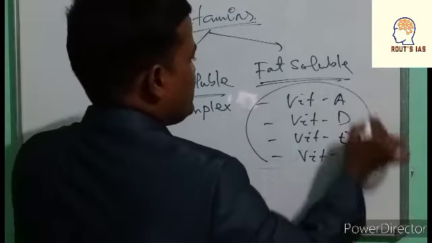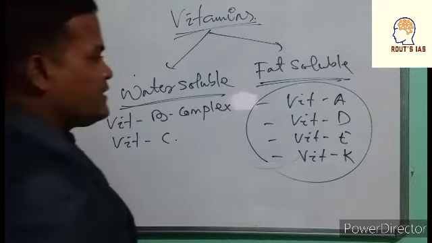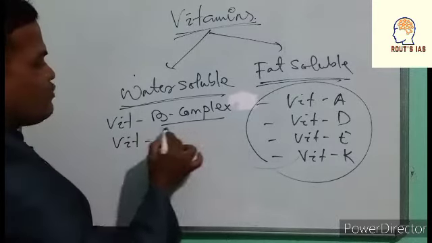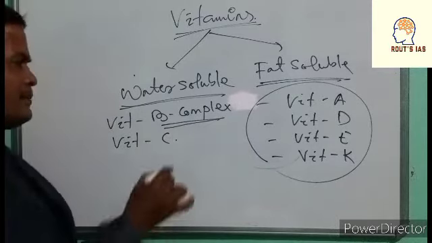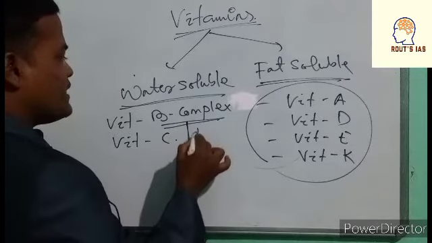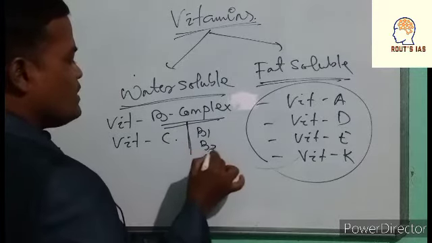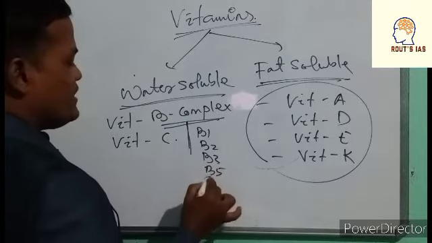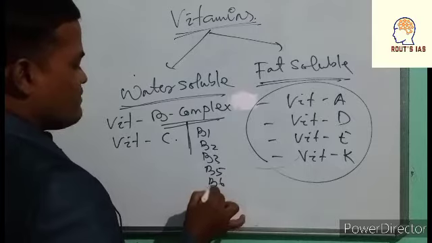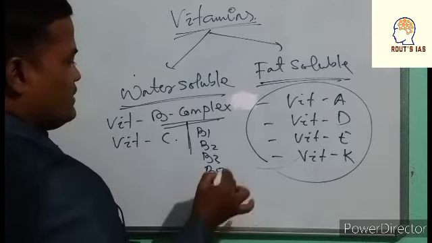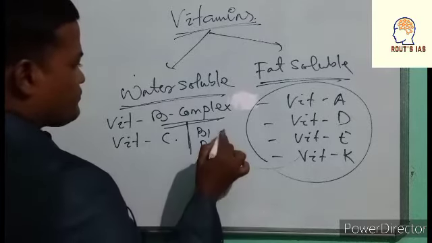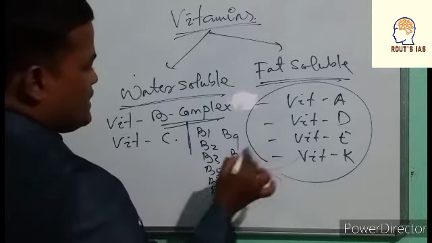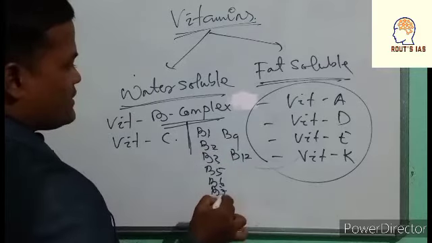So generally A, D, E, K are called fat soluble vitamins, and vitamin B complex. Why is this vitamin called B complex? Because it has a number of vitamins, like B1, B2, B3, B5, B6, B7, B9, B12, like this one, two, three, four, five, six, seven, eight.